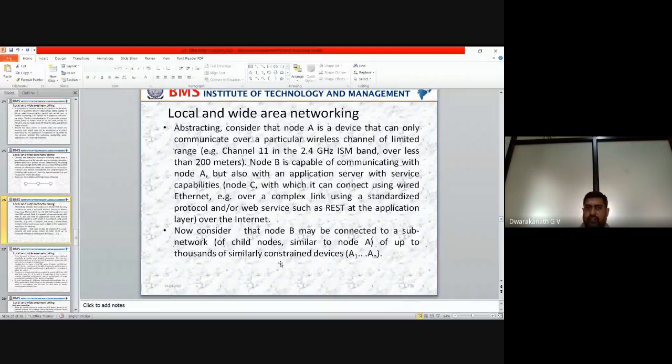Now I changed A. Not only one A, I need plenty of sink nodes which can manage plenty of sensors. So where the entire borderline I have taken, now this side A will become A1 to AN. Why? Because I need N number of sink nodes to manage plenty of sensors there.